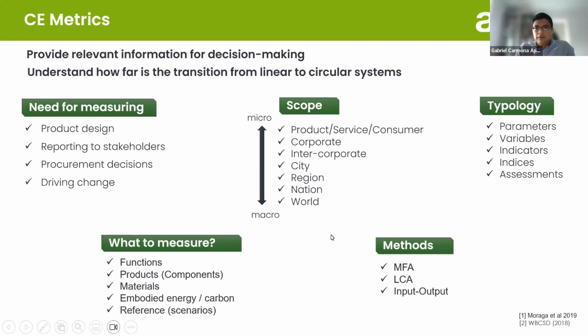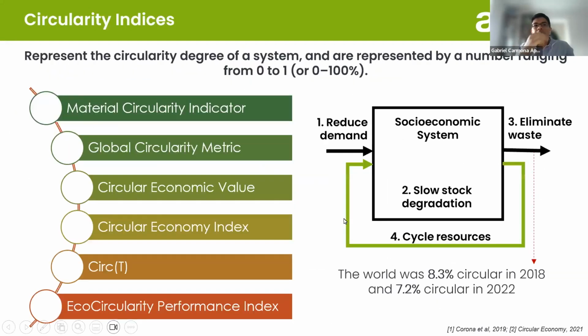Now, let's say one of the key metrics that are becoming more used by different stakeholders and industry in general are circularity indices, which are conceived to represent the circularity degree of a system, and normally are represented by a single number ranging from 0 to 1 and from 0 to 100%.